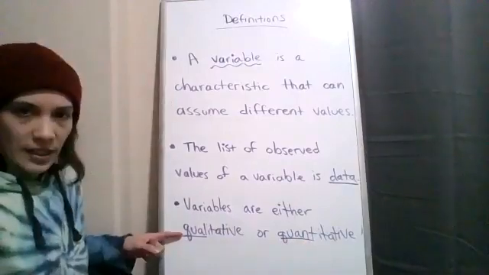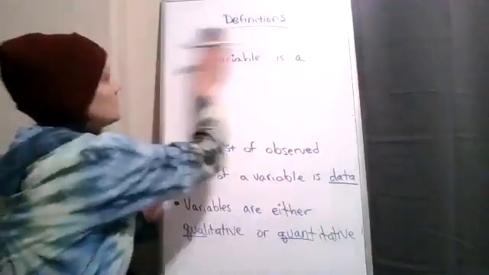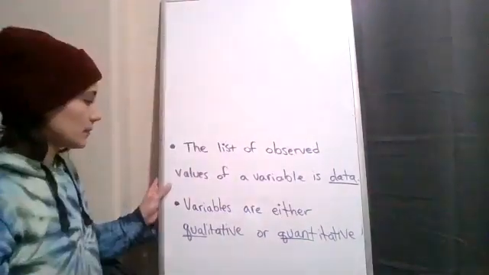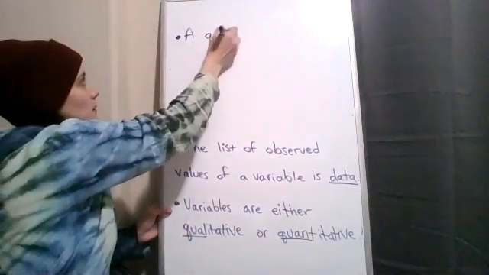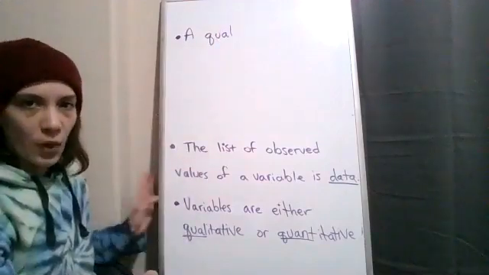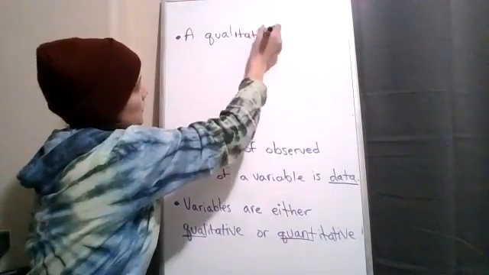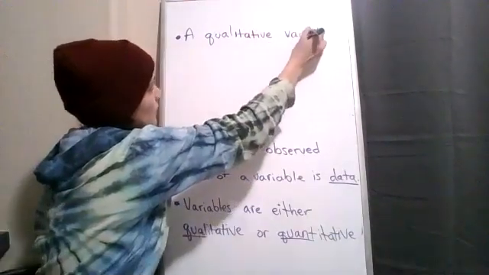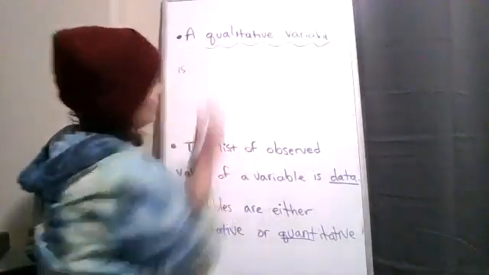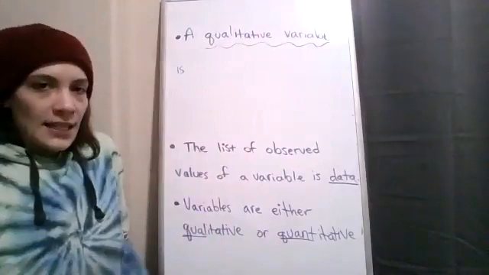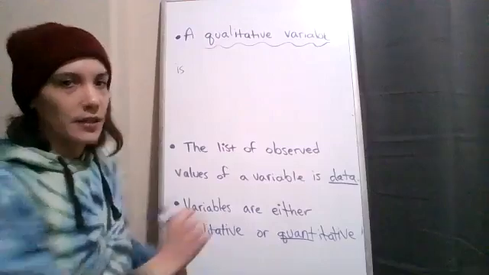So we'll start with a qualitative one. Okay, so a qualitative variable is a variable that produces data that cannot be ranked or measured.